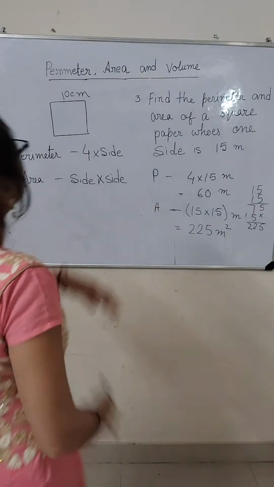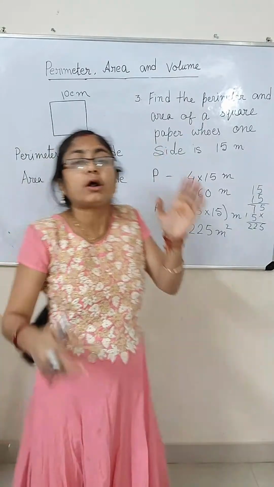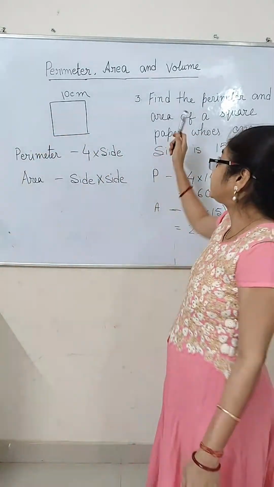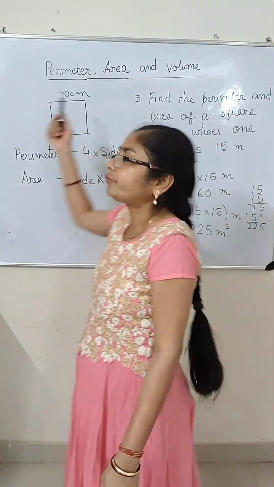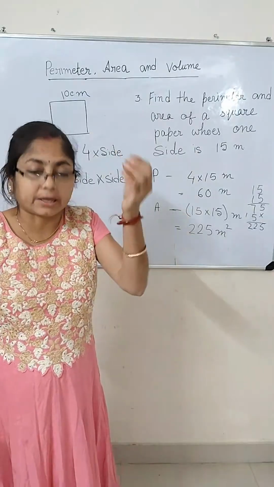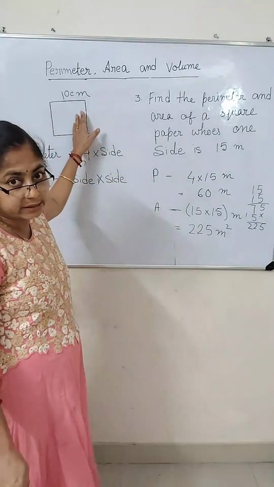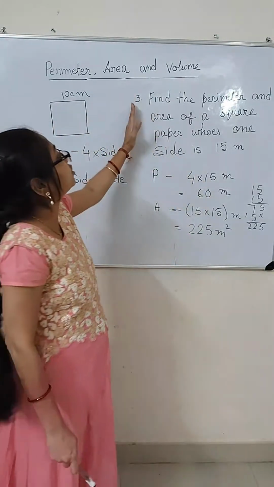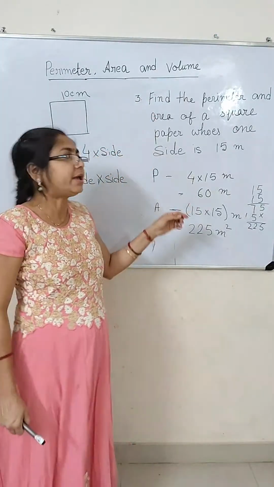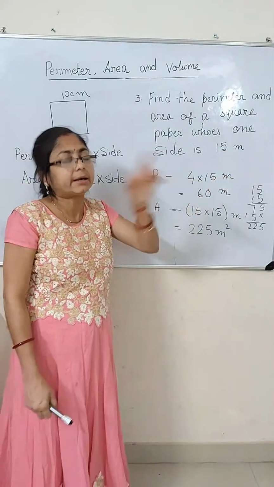Okay, but my maths is this one. So don't get confused. When drawing the picture I gave the value, it is 10 centimeter. But our maths is this one. Number 3 from this side your maths started. So please put the value 15 and complete the maths.